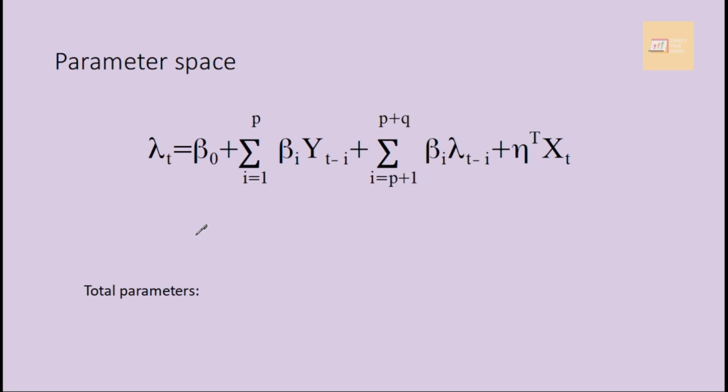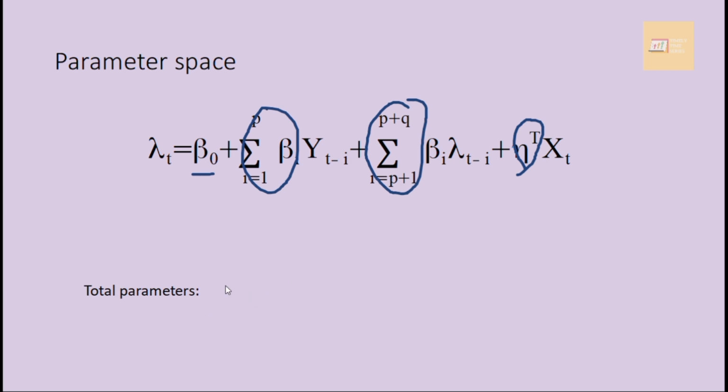Now, finally, let's talk about the parameter space. What is our parameter space? Let's look at this equation once more. We have the intercept, and then we have P lags that we want to use, and then we also have Q lags for the conditional mean, and lastly R covariates.